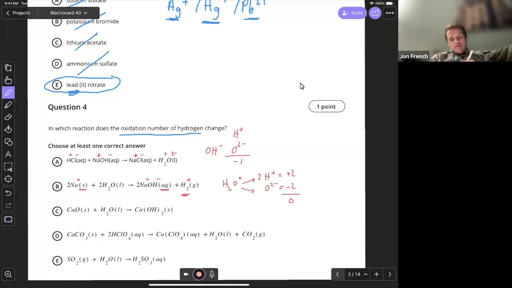So in this case, the oxidation state of hydrogen has changed. We go from +1 in water to 0 in diatomic hydrogen. We could assign the rest of the charges in C, D, and E, and we would see that nothing else changes. None of these reactions are precipitation or redox reactions, with the exception of reaction B here.